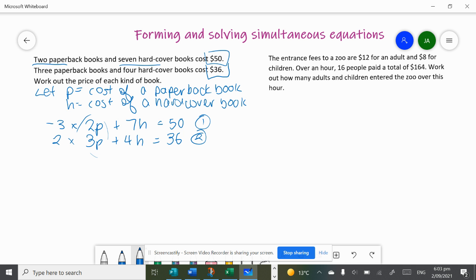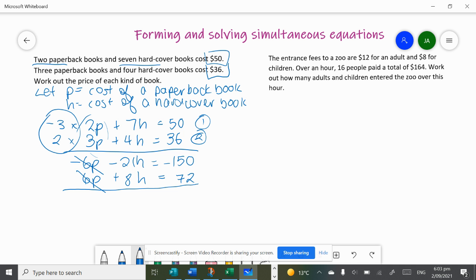So the first equation then is going to be -6p minus 21h equals -150. The bottom one is going to be 6p plus 8h equals 72.